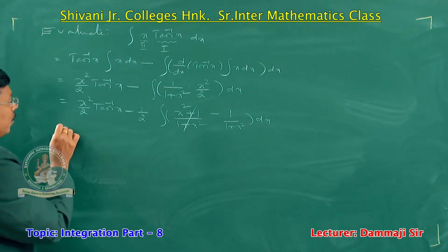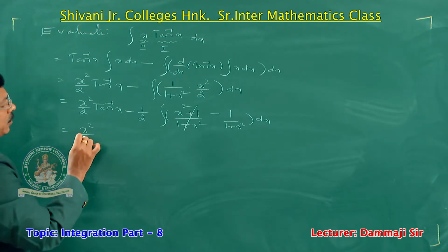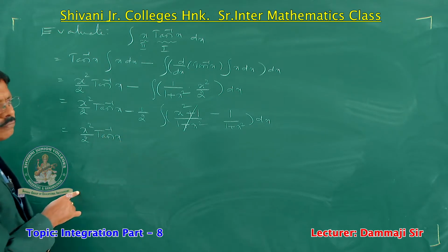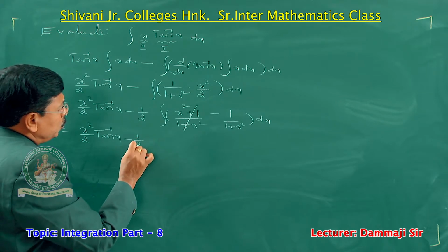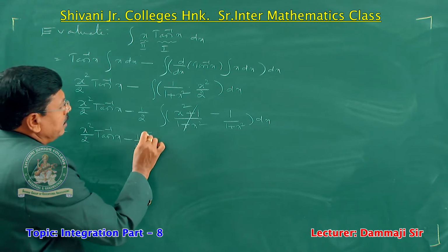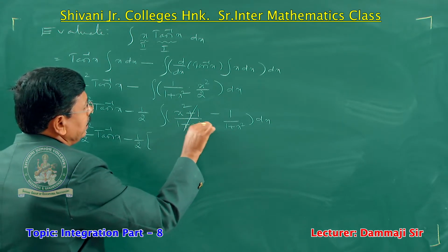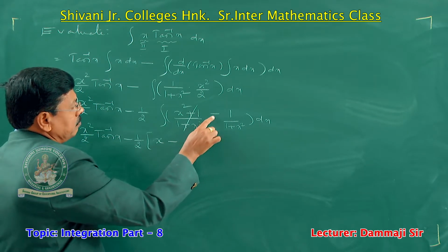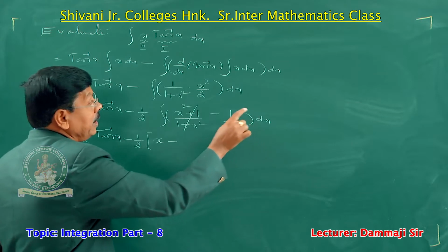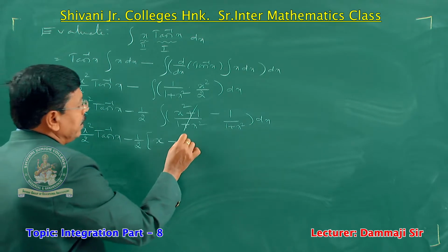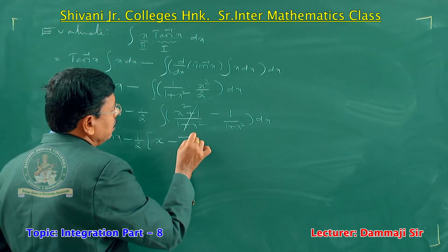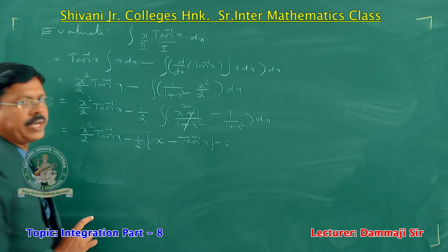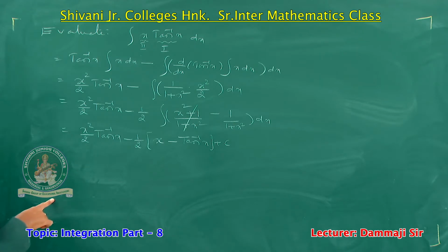So x square by 2 tan inverse x minus 1 by 2 times the integral of 1 dx, which is x, with the same sign, and you already have the standard integration: the result is tan inverse x plus c. It is one of the methods.